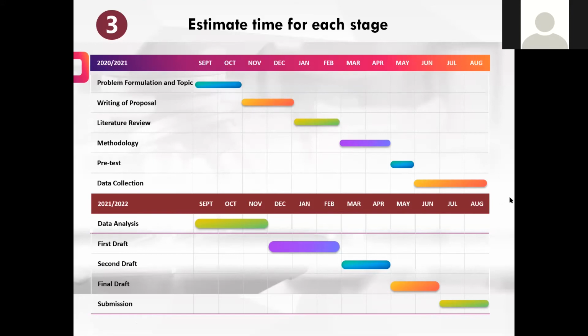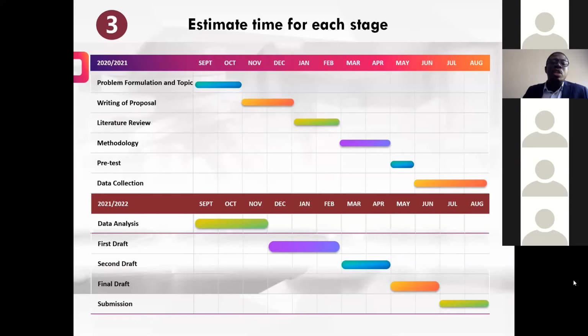So in this particular instance, the candidate will start from 2020, 2021, then 2022. So from 2020 to 2022, I guess the candidate has already finished with the coursework and is now focusing on the research. So the problem formulation and topic will take 2 months, from September to October. Then the writing of the proposal up to December, then the literature review, followed by the methodology.